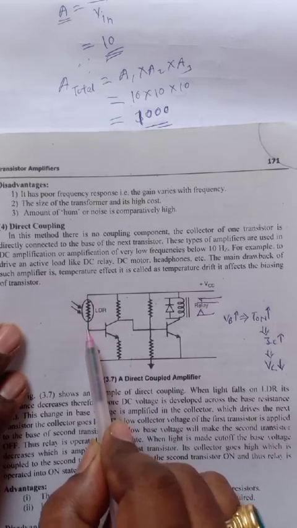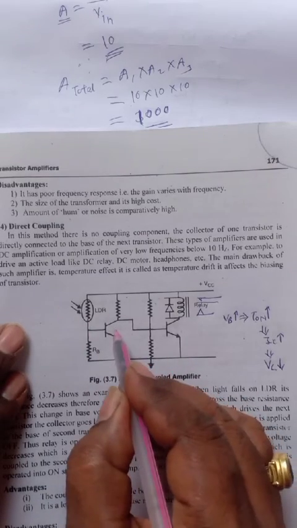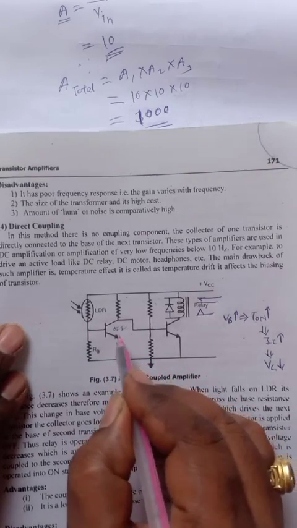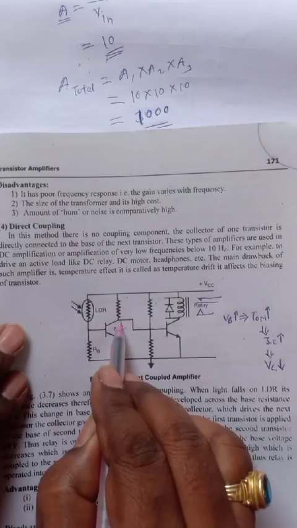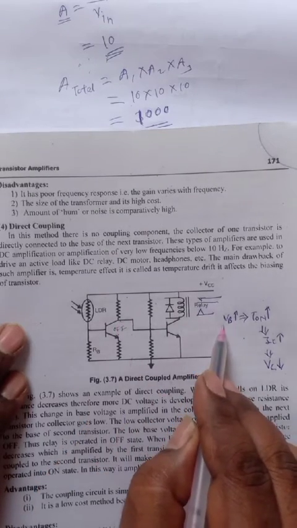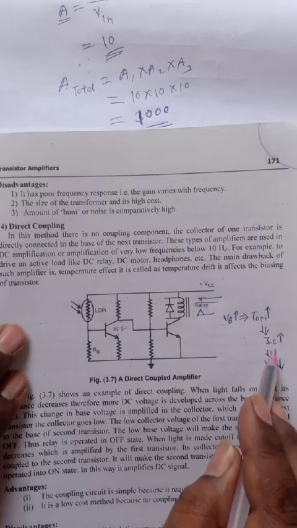As base voltage is low, the transistor will turn off. As it turns off, the collector voltage increases. So the base is low, it turns off, and the collector voltage increases, the opposite.